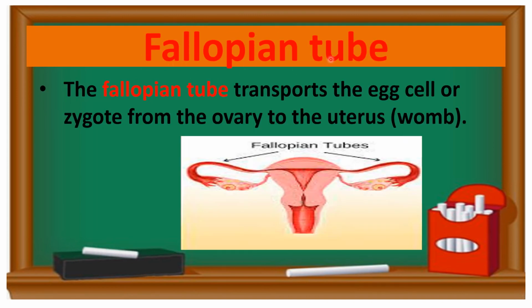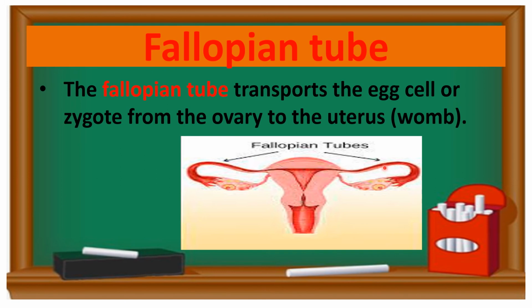So the next part is your fallopian tube. The fallopian tube transports the egg cell or zygote from the ovary to the uterus, or your womb. When there's an ovulation already, the egg will be transported to your uterus, and the path where the egg is traveling is what you call your fallopian tube.